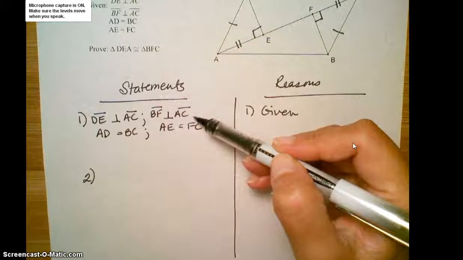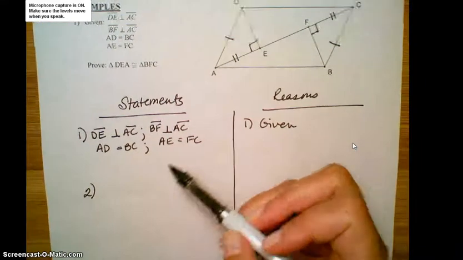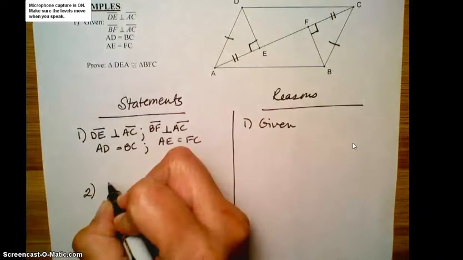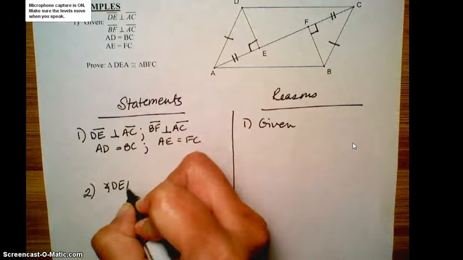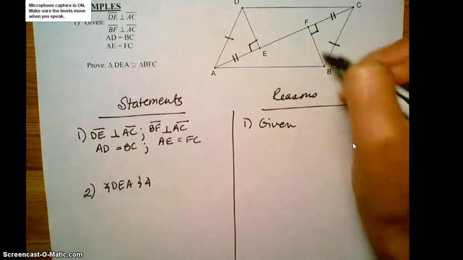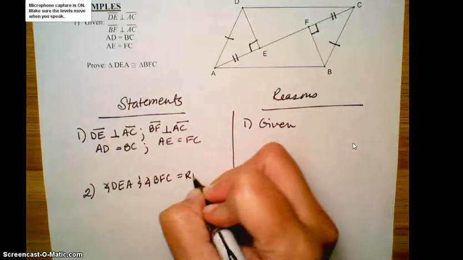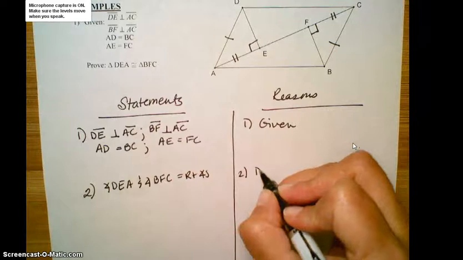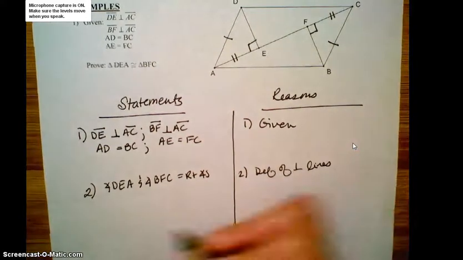Because of the perpendicular, you made this mark, so we need to say that angle DEA and angle BFC are right angles. We know this by the definition of perpendicular lines.